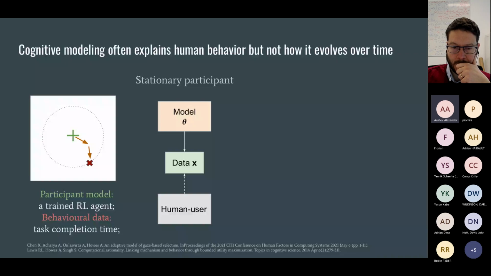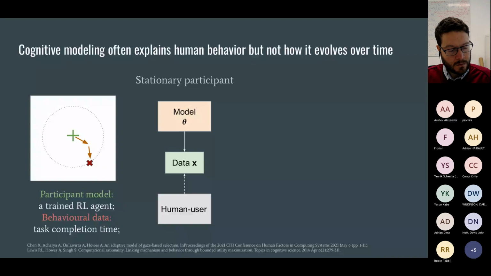One of the cognitive models describes how humans select something with their gaze, which is helpful in medical settings, in some VR or AR applications.